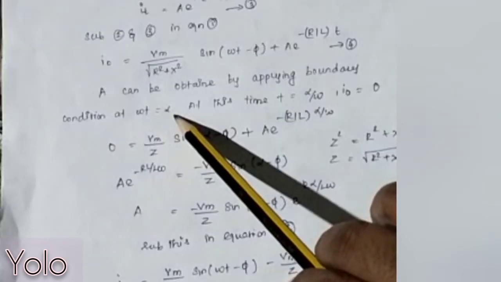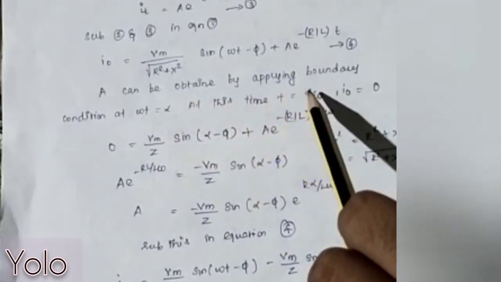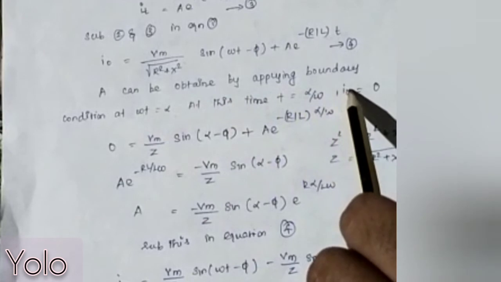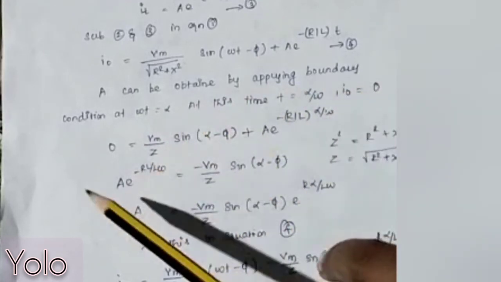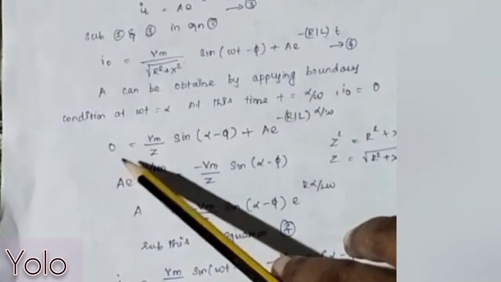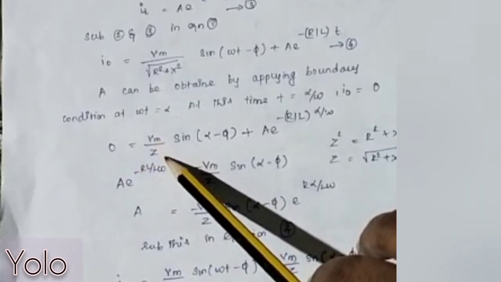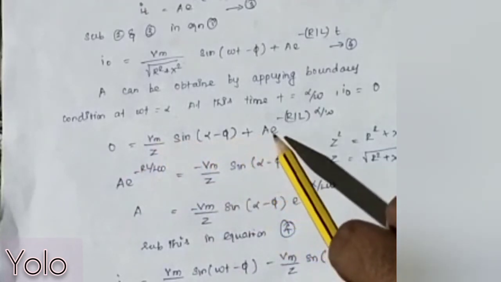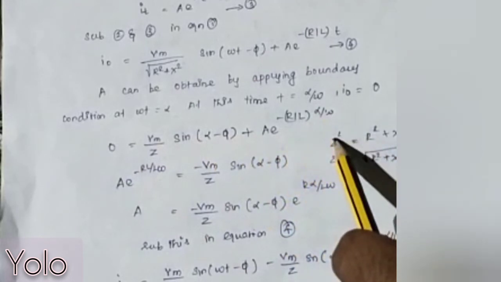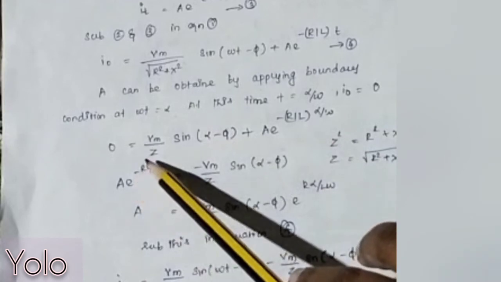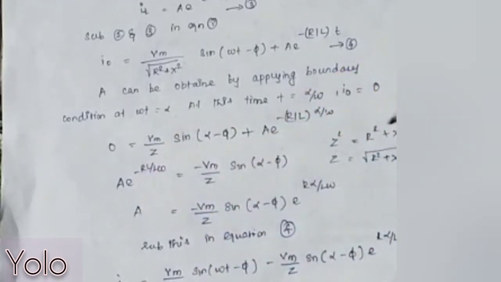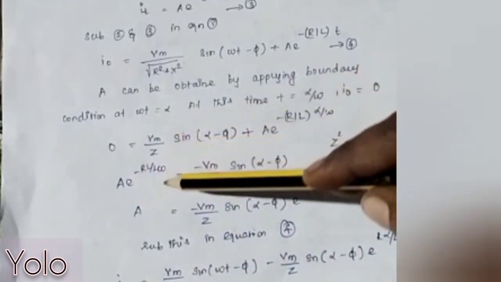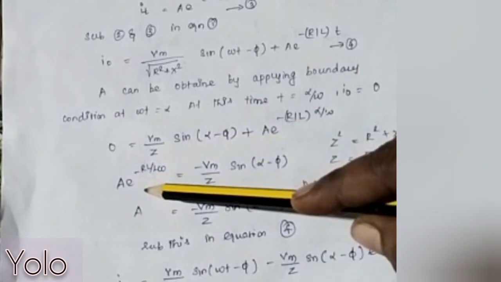A can be obtained by applying the boundary condition at omega t equal to alpha. At this time t equal to alpha divided by omega, I0 equal to 0. So we can replace 0 equal to Vm divided by Z sin alpha minus phi plus A e power of minus R divided by L into alpha divided by omega.